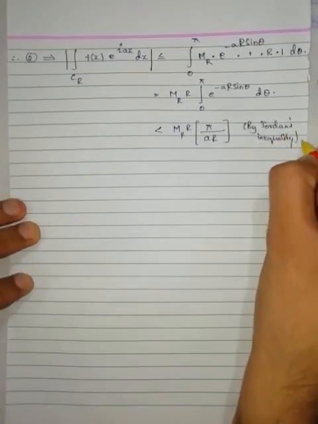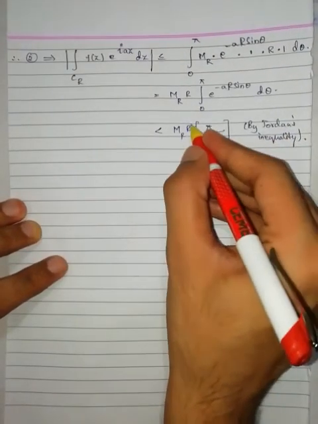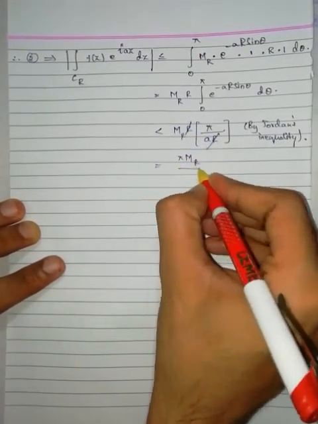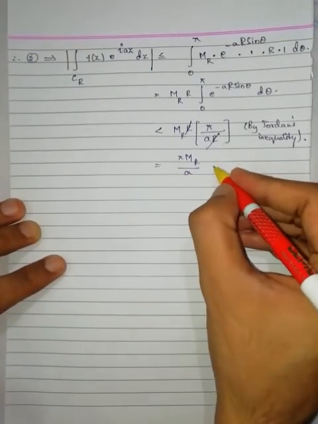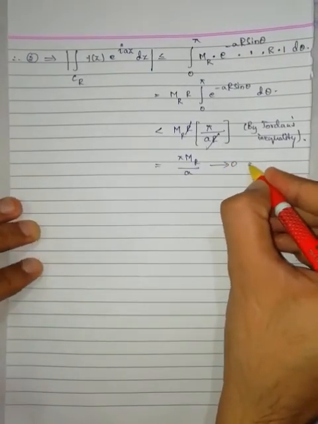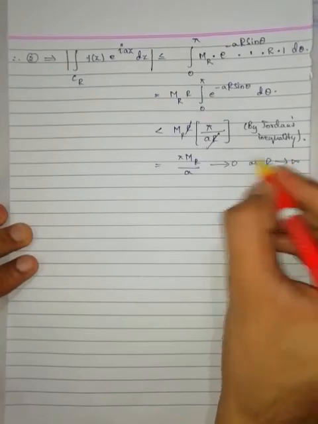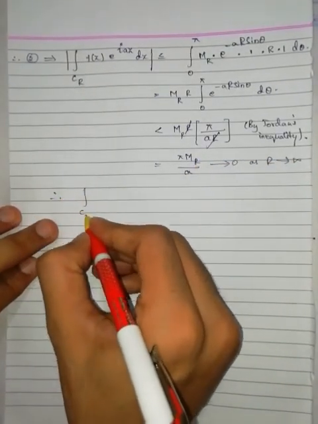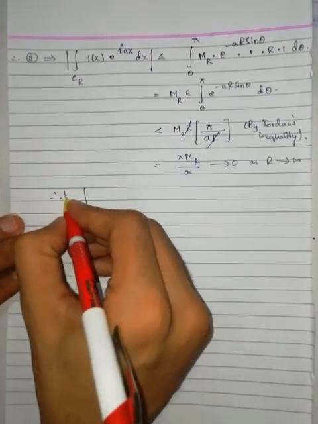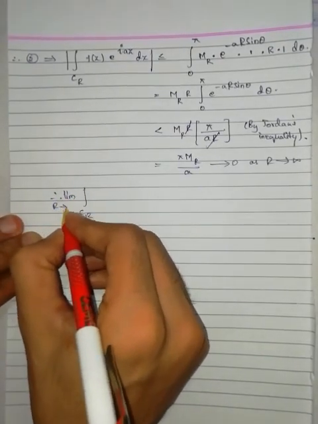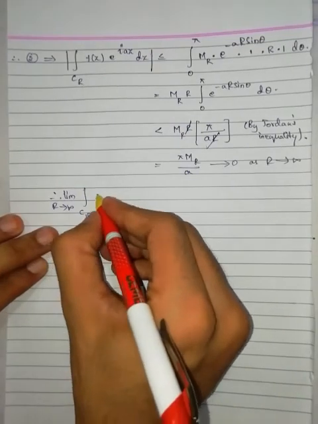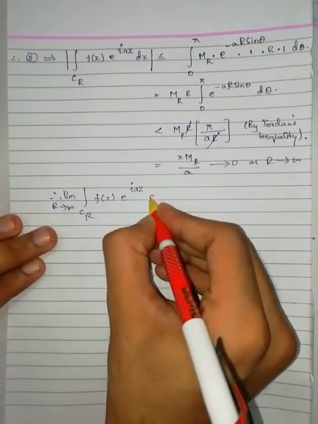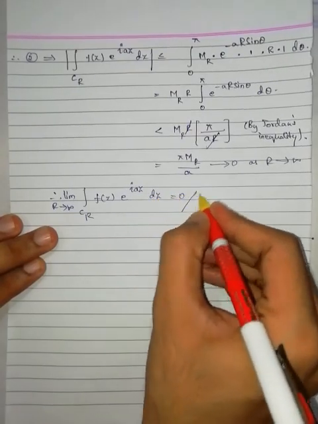By Jordan's inequality, R gets cancelled, pi capital MR by a. In the statement it is clearly given that this tends to 0 as R tends to infinity, because MR tends to 0. Therefore the limit as R tends to infinity of the integration over CR of f of z into e to the power of iota az dz is equal to 0.